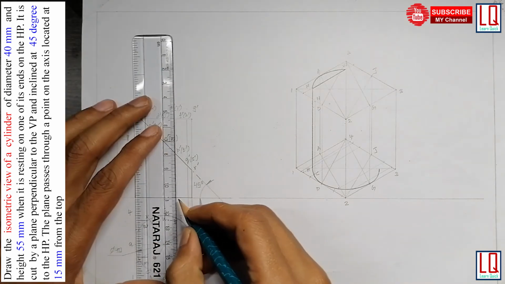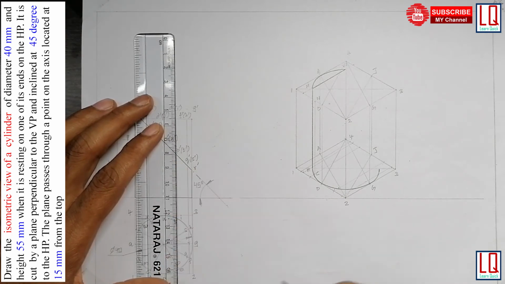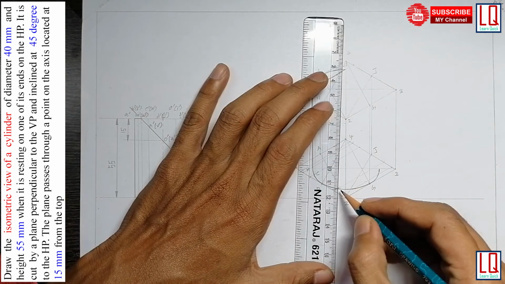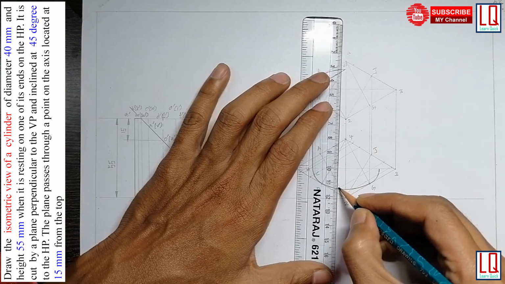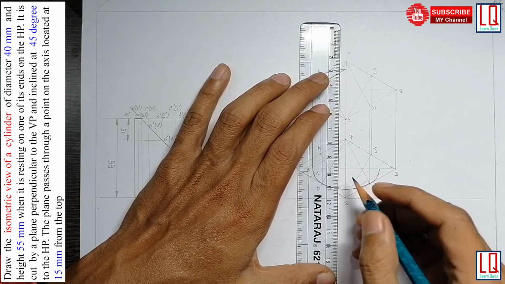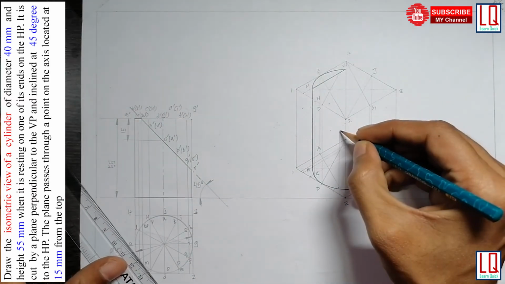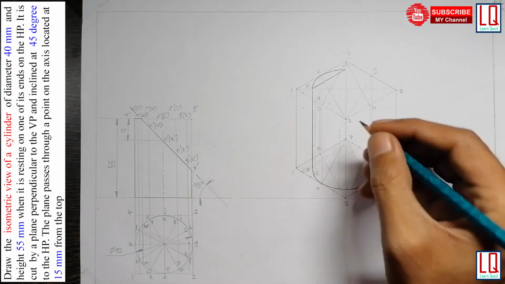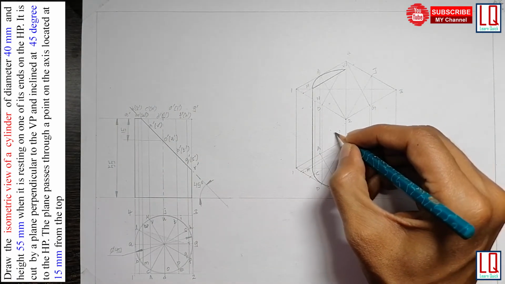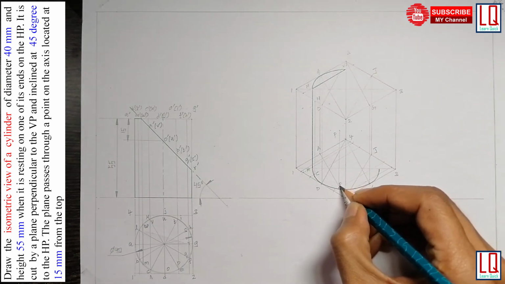So now I measure the height of point P and it is 30 mm. So now from here I draw a line for 30 mm. And I mark this point as capital P and this point as capital E.